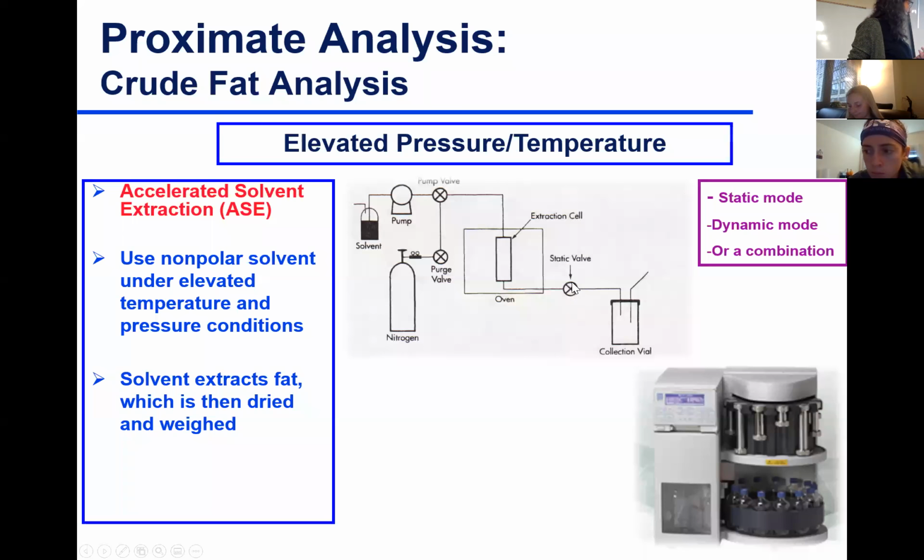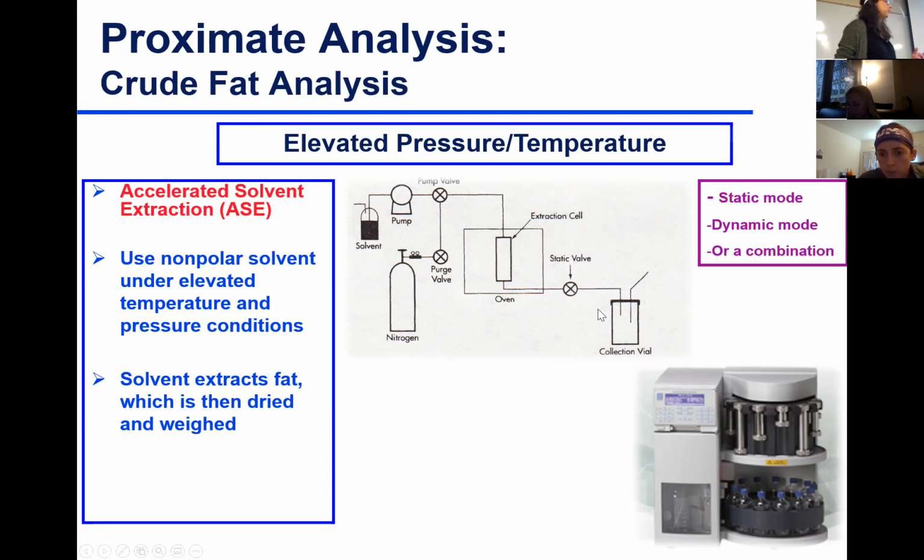That means if this valve is closed, it will be static. So the solvent is soaking the sample and solubilizing your fat. And when you open that valve, then it becomes continuous where the solvent goes through, solubilizes your fat, and comes out into your collection vessel.